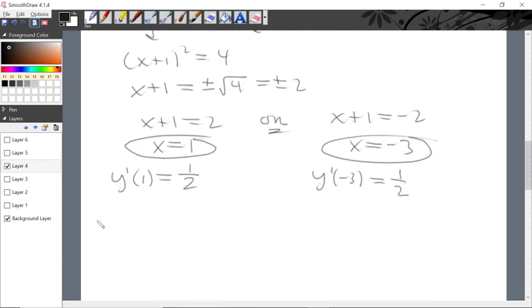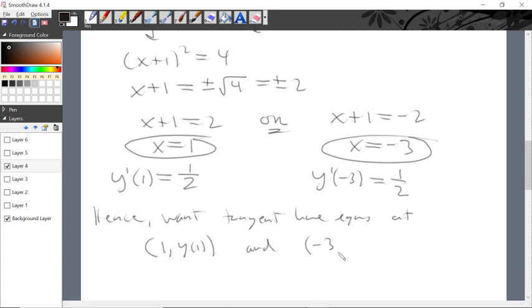Hence we want tangent line equations at the points on the curve, at the points 1 comma y of 1 and negative 3 comma y of negative 3.